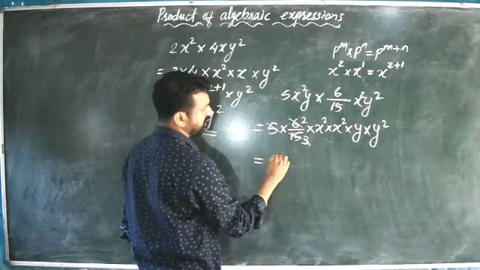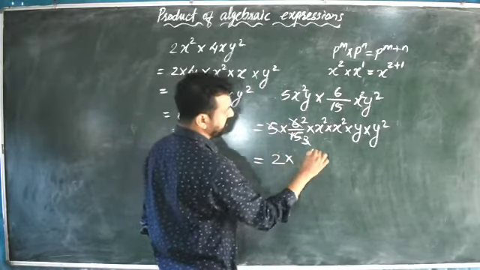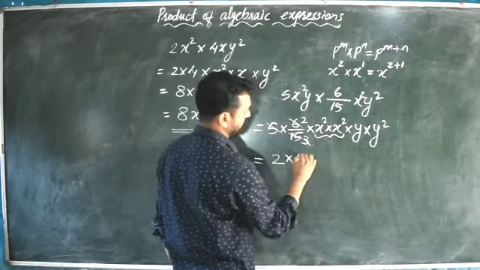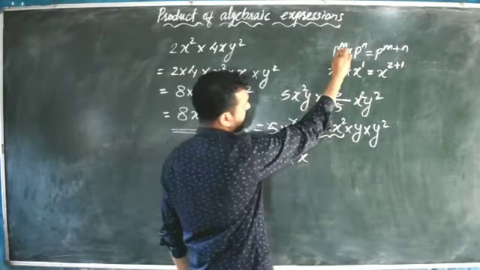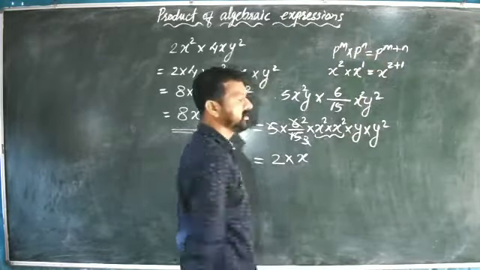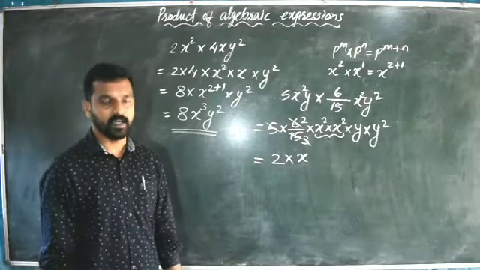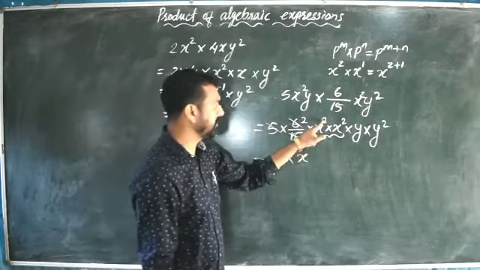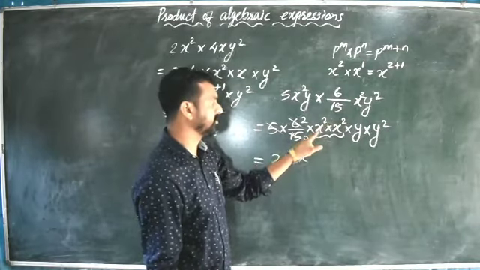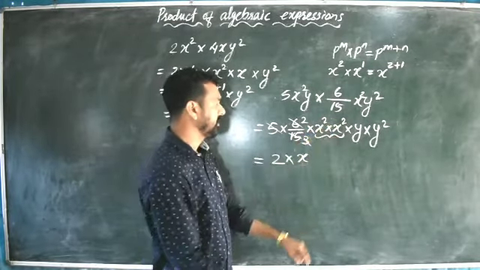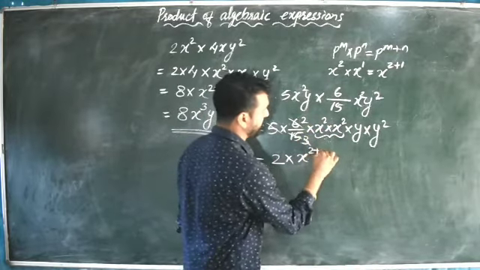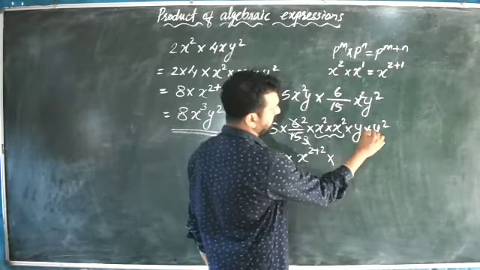So the number is 2, into x square into x square, which is of the form p raised to m into p raised to n is equal to p raised to m plus n. So that is x raised to 2 plus 2, into y into y raised to 2.